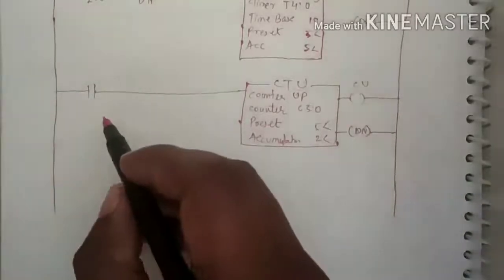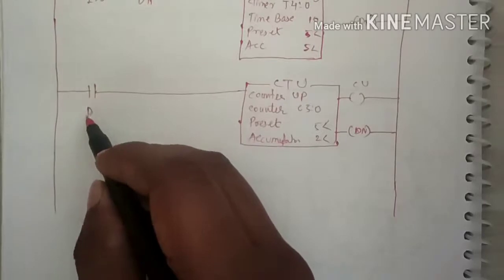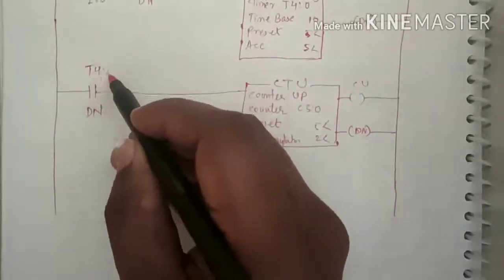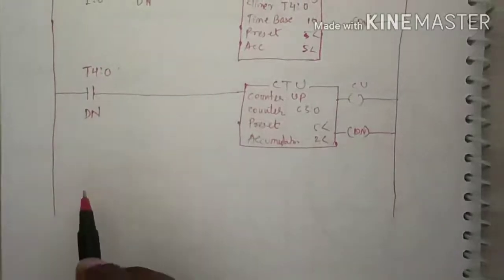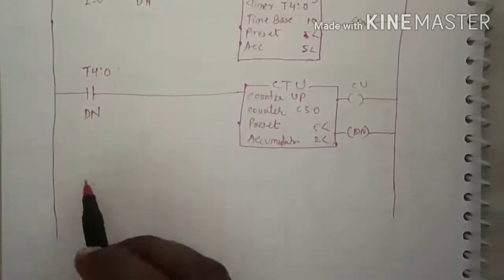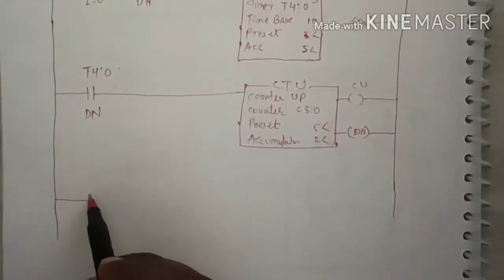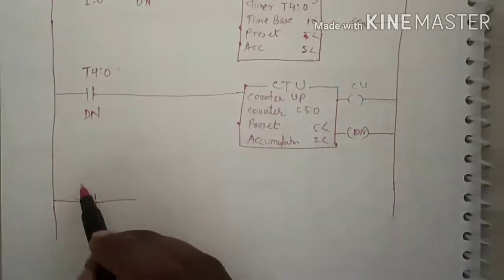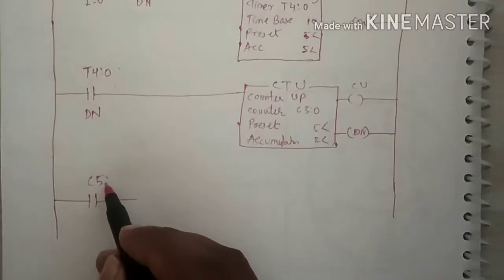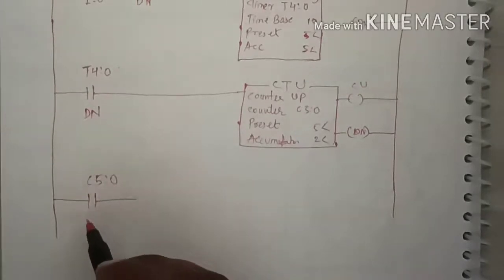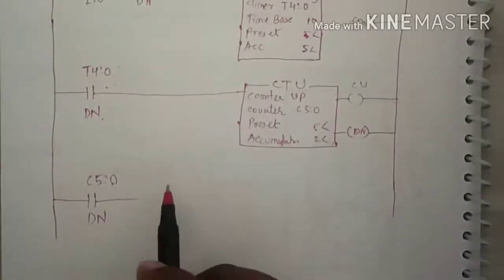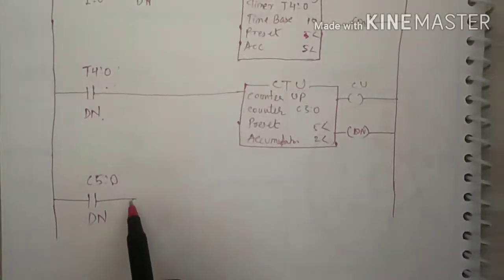Then I'll give this address as done, so it is the timer bit's address. Then I'll use again one NO switch. I'll give it the address C5:0, the counter, and its done bit address. So the timer's done and the counter's done addresses are here.